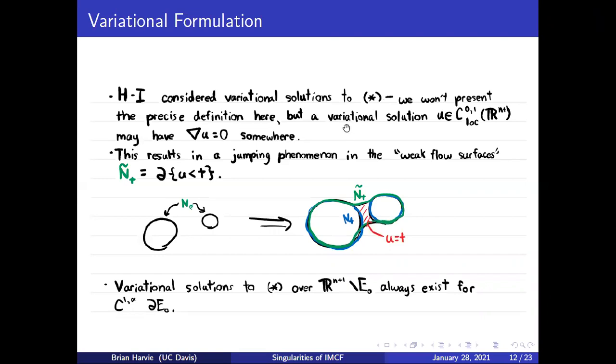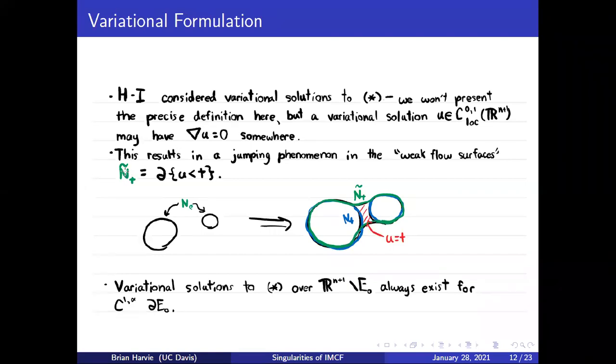A variational solution to the problem that I just presented is a locally Lipschitz function. And even where it's differentiable, it might have points where its gradient is equal to 0. In other words, you consider u that are allowed to flatten out over regions, okay?